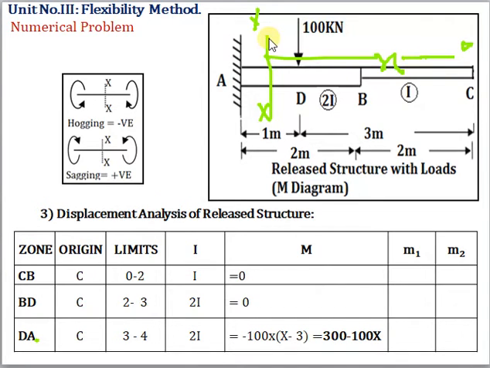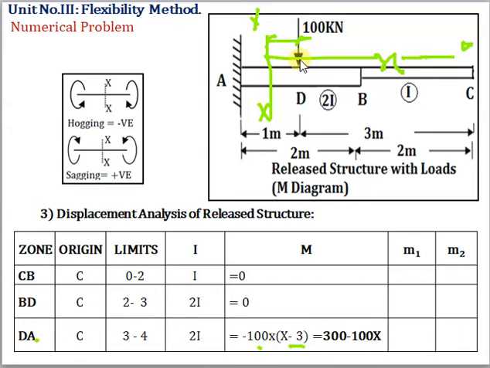Okay, so the lever arm for this force up to the section XX becomes the total distance. If the total distance is x, minus the location of this force with respect to O, which is 3, this lever arm will be x minus 3. So the moment becomes 100 into x minus 3.